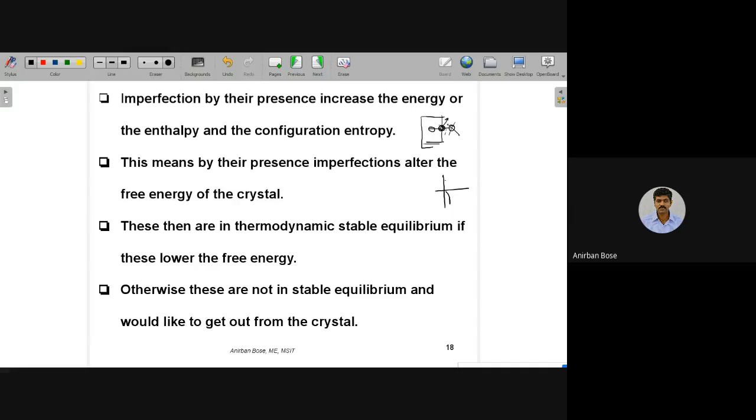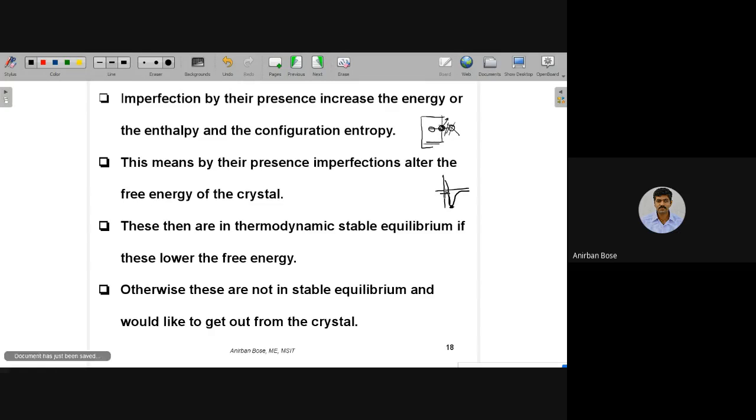If you remember the basic energy diagram, there is a bond length where the energy is minimum, and since this bond is not present there, the corresponding energy level is higher.